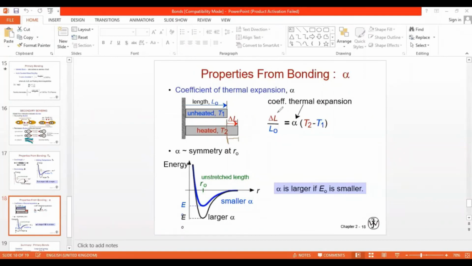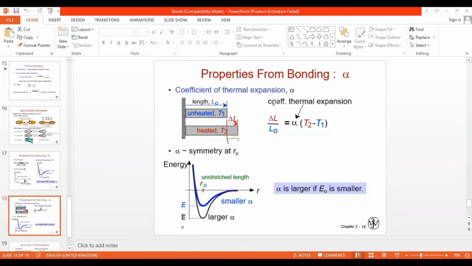Delta L is the increase in length, and L naught is the actual length before heating. This alpha is the coefficient of thermal expansion.